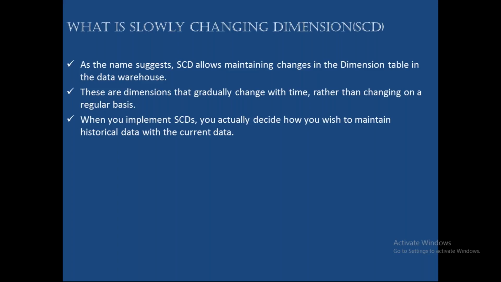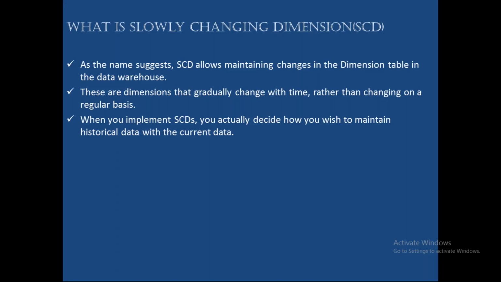Now we understood. The question is, do you want to maintain a history record? History record means from 2016 to 2020 December, Rama is available in Bangalore, and from 2020 December, he is staying in Hyderabad. So do you want to maintain complete information, or simply say Rama is currently in Hyderabad?